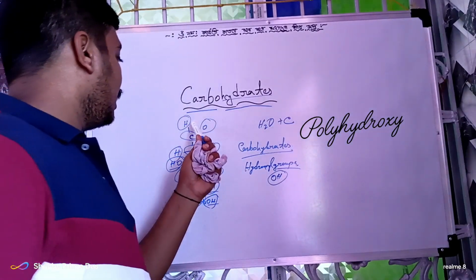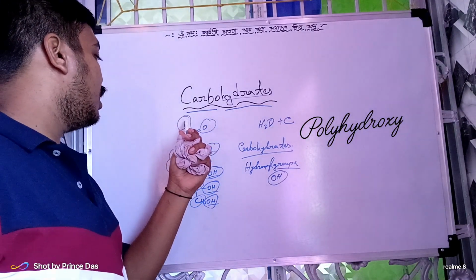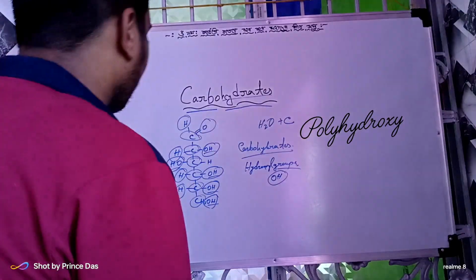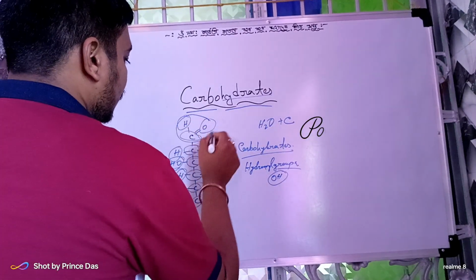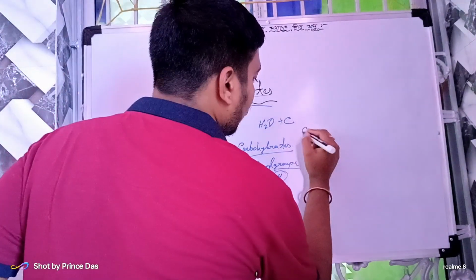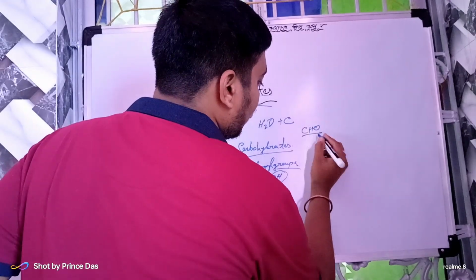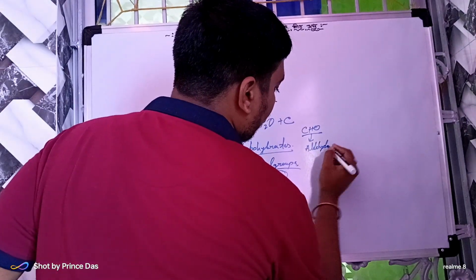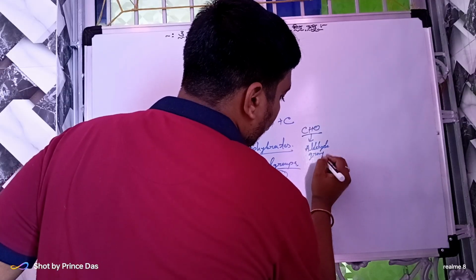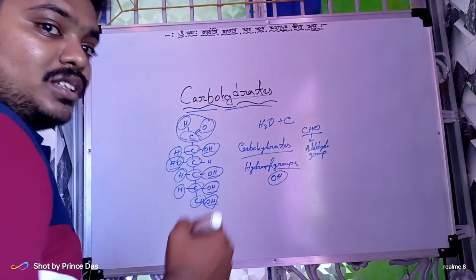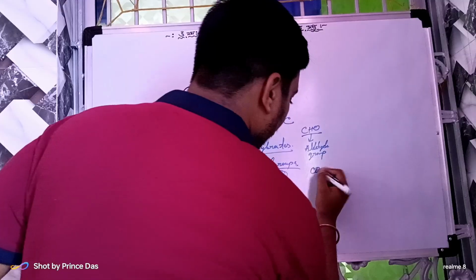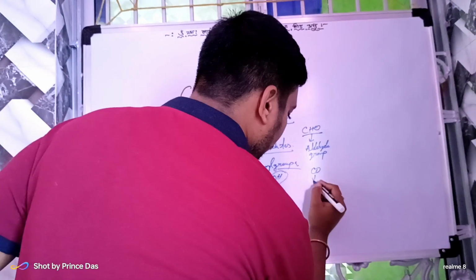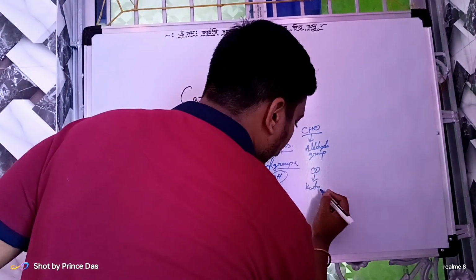Here you can see the aldehyde group, that is CHO. We can call it the aldehyde group. And another one is keto, CO, the keto group.